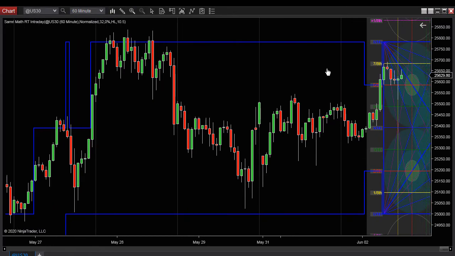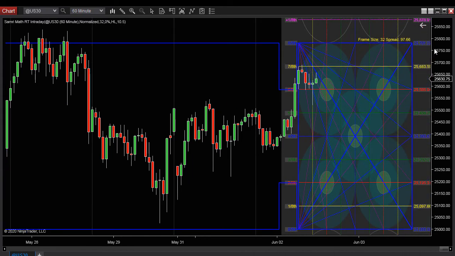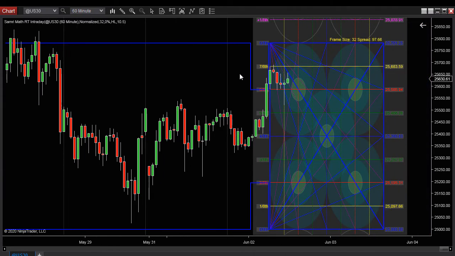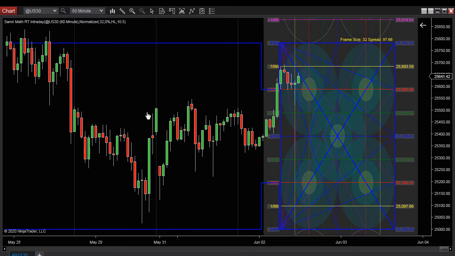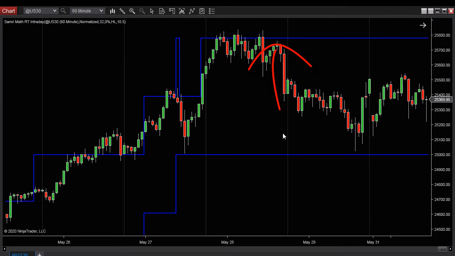Now the first thing I want you to notice is that we have two components to this indicator. We've got this trading grid or diamond, which you might be familiar with, and we've got these lines called plots in NinjaTrader.